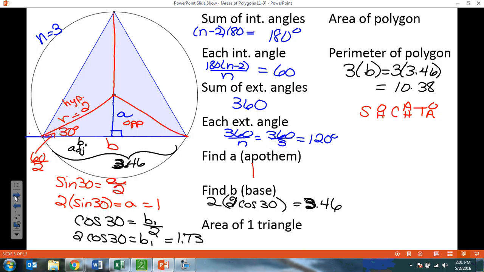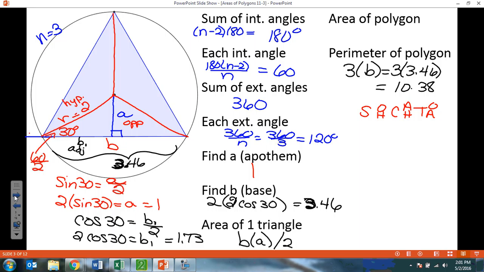Now let's find the area of that polygon. To find the area of one triangle, what's the formula for area of a triangle? Base times height divided by 2, right? Okay. Our base is our full B. Our height is our apothem. And we're going to divide that by 2.